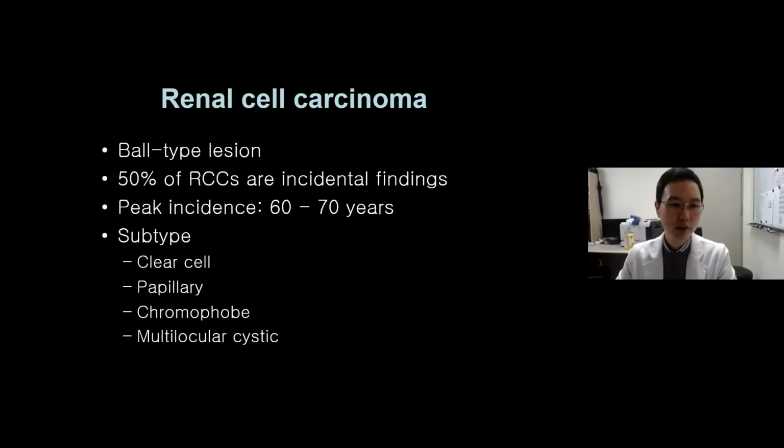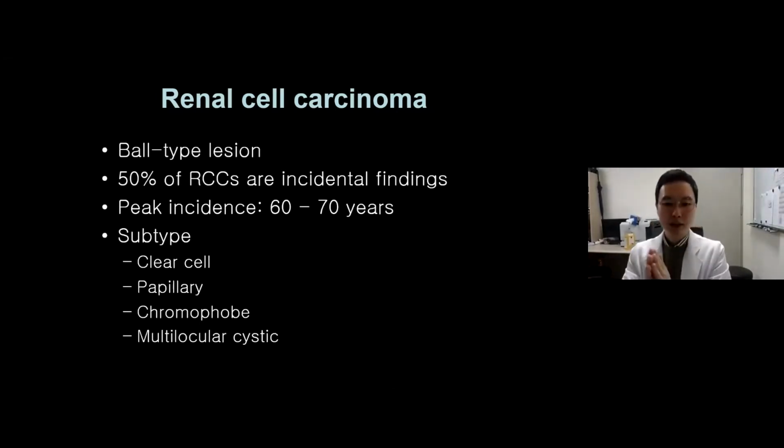Usually renal cell carcinomas are morphologically ball-type lesions, and we usually find these RCC lesions as incidental findings, such as when we image for other reasons, like abdominal pelvic CT, or when we evaluate the thoracolumbar spine. We can incidentally encounter kidney tumors.